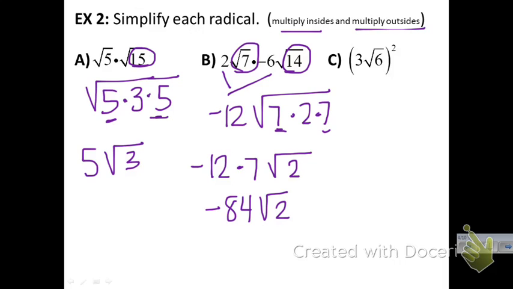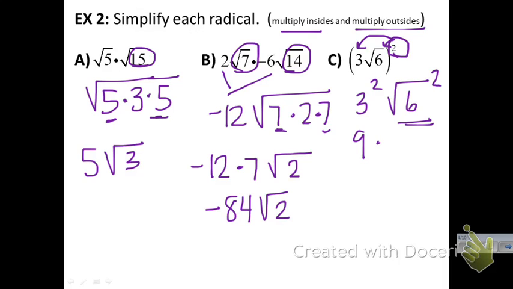Okay, on the last one, we talked about this being a power, and because everything inside the parentheses is multiplied, we can just distribute our power to both values. So we distribute it to the 3 and we get 3 squared, and then we distribute it to the 6 and we get the square root of 6 squared. And the first one's easy. 3 squared is 9, and then we talked about this in several different ways.